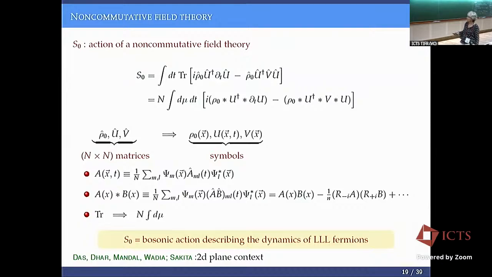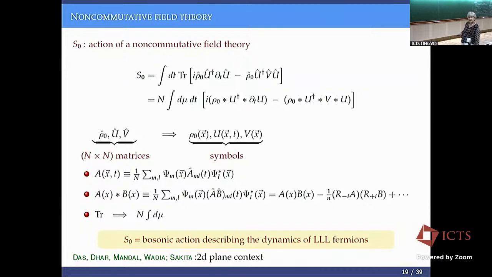Now, this has been used in a two-dimensional plane context before, but now we can generalize to any dimension. So now I'm going to take the large n limit. Essentially, I'm going to ignore these terms, and I'll use for the star product these first two terms.